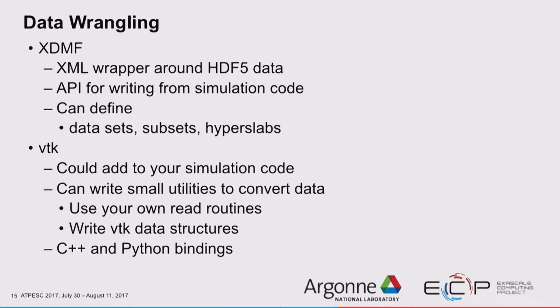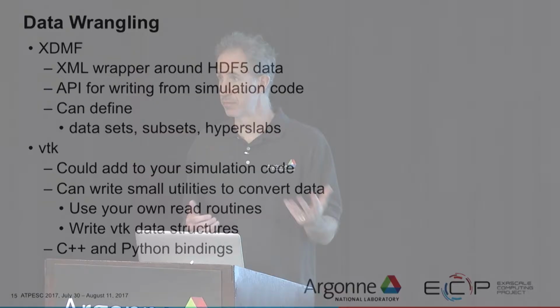There's also an API for that, so you could use the API directly from simulation applications in order to write out data in this format, which again is HDF5 at the base level, but has this XML wrapper for describing it so that it makes it easier for the visualization applications and others to manipulate it.